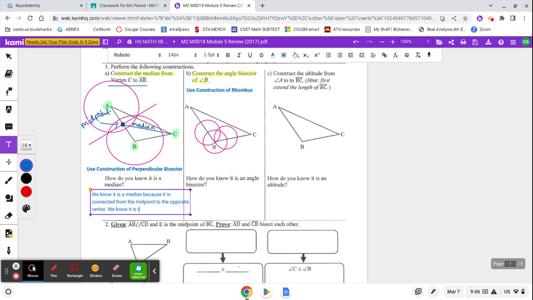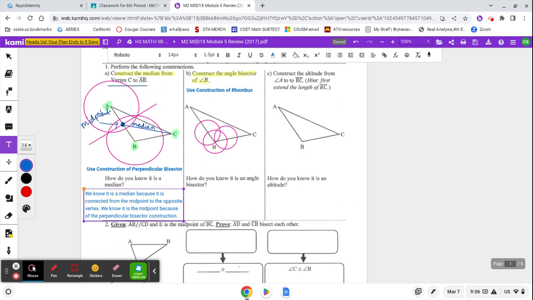We know it is the midpoint because of the perpendicular bisector construction. So you're going to have to put reasoning for why you did that construction.